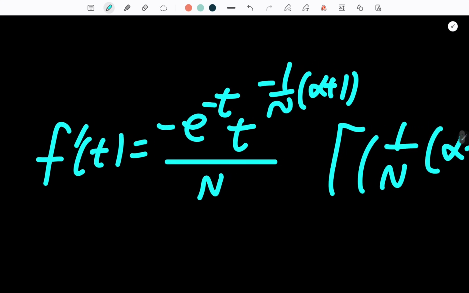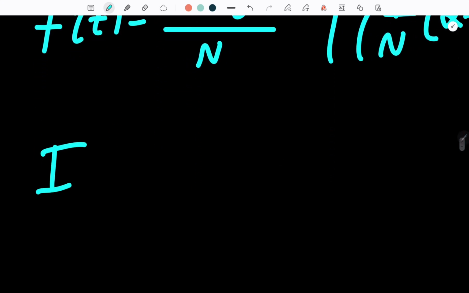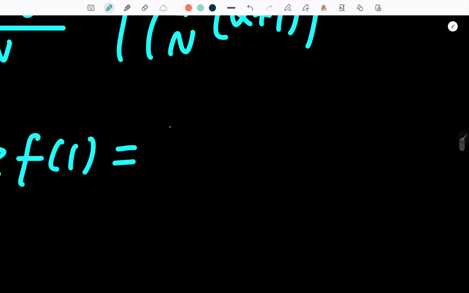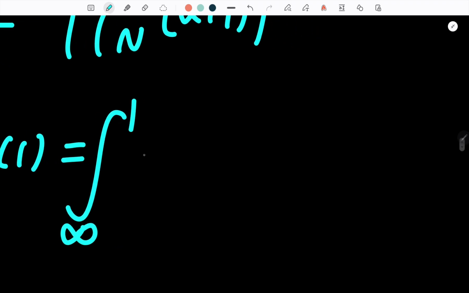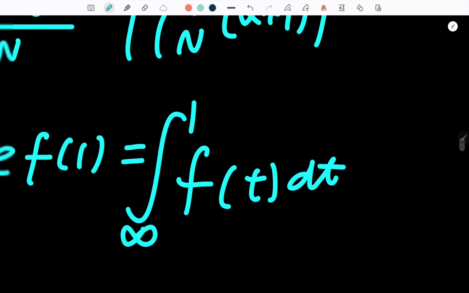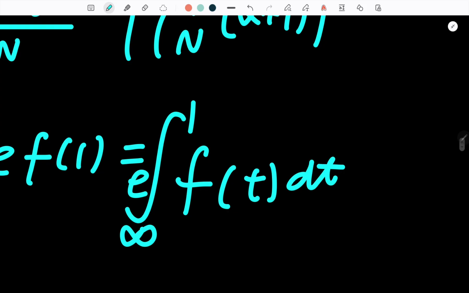But also, since I of alpha is going to be e times f of 1, this is also going to be the integral from infinity to 1 of f prime of t dt times e.